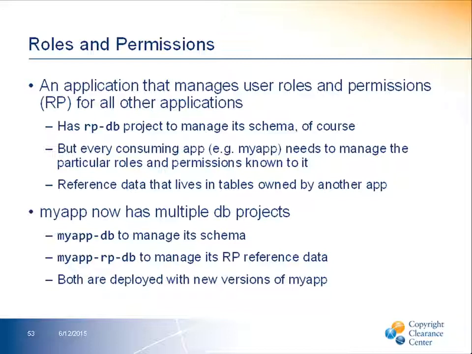It's reference data that lives in this roles and permissions app. So in such a scenario, the My App project would have multiple DB projects: its regular DB project to manage its schema for its persistence, and then the standard -RP -DB project to manage its reference data and its roles and permissions in the centralized app. And we want to deploy both of those with new versions of that app as they move down the pipeline.